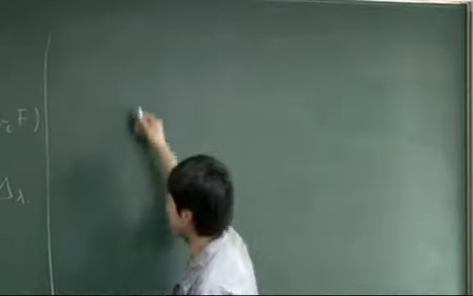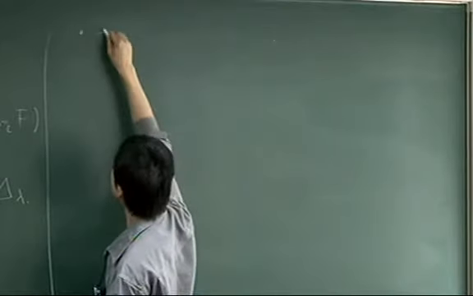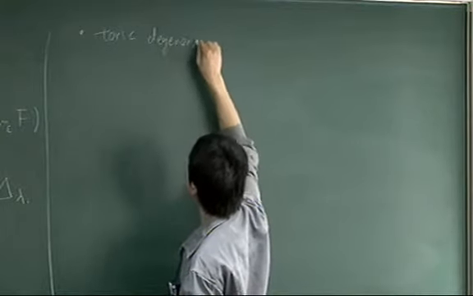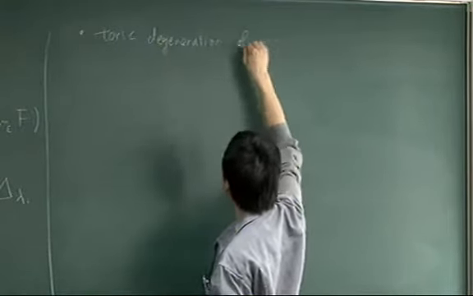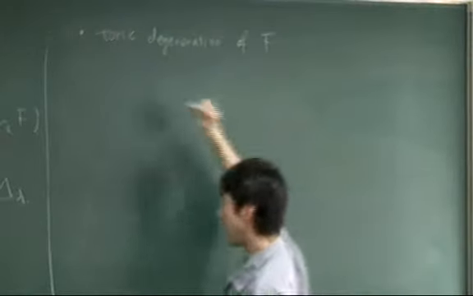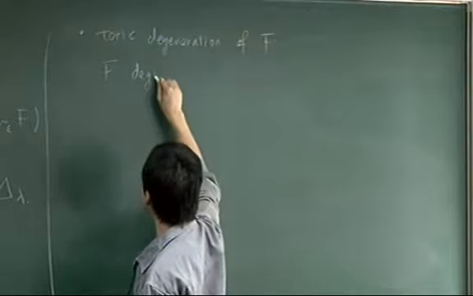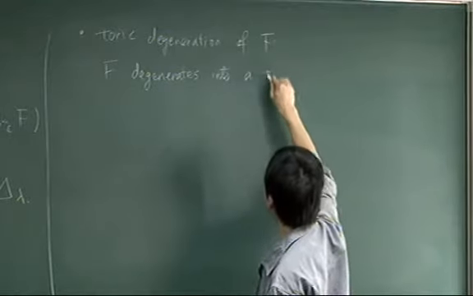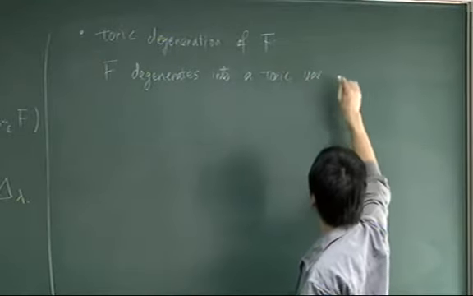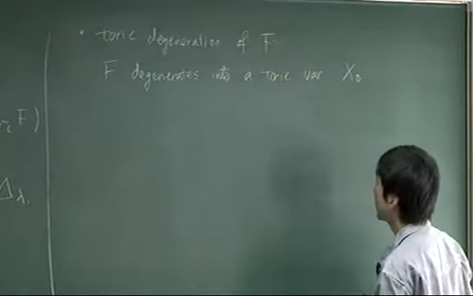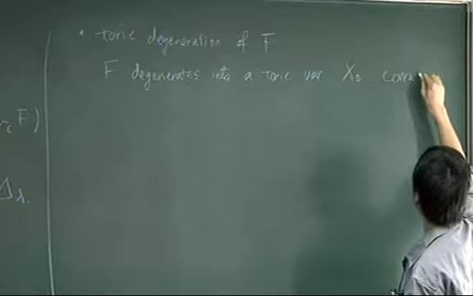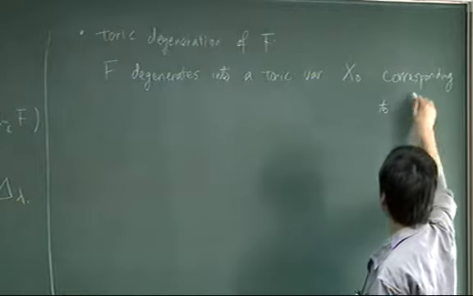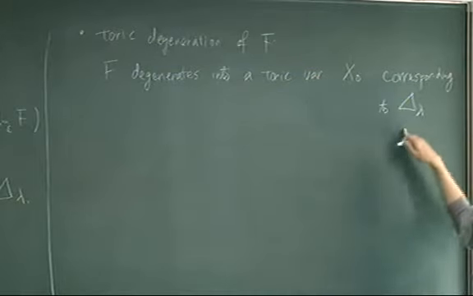And there is one more relation: toric degeneration. Namely, the flag manifold degenerates into a toric variety X0, which corresponds to this polytope.